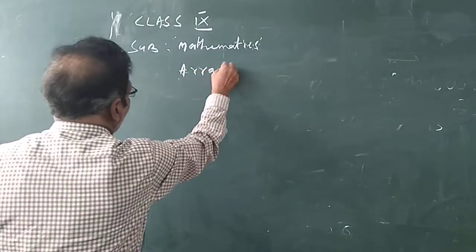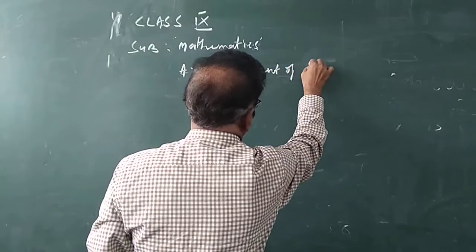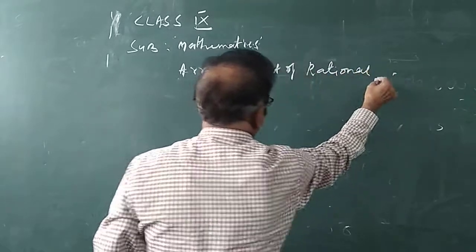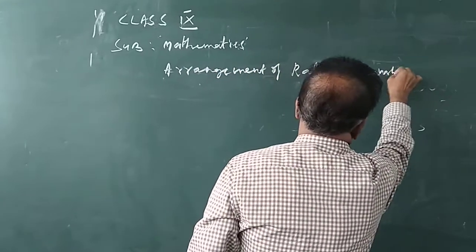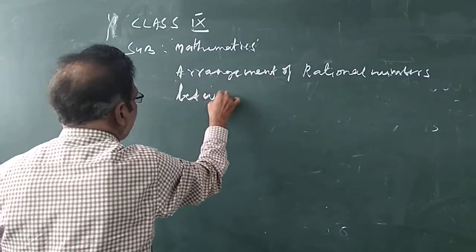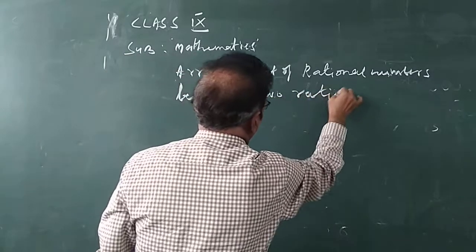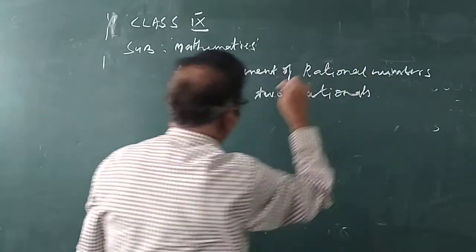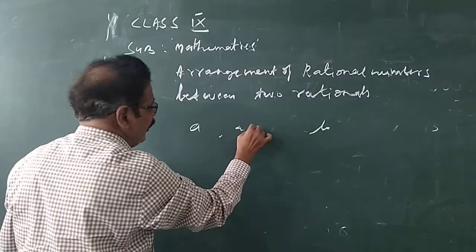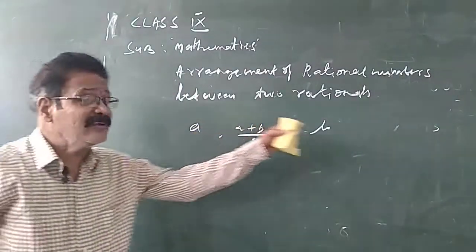Between two rational numbers a and b, we can arrange a plus b by 2, which means the average of these two.